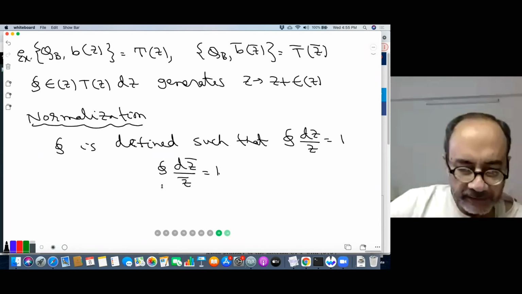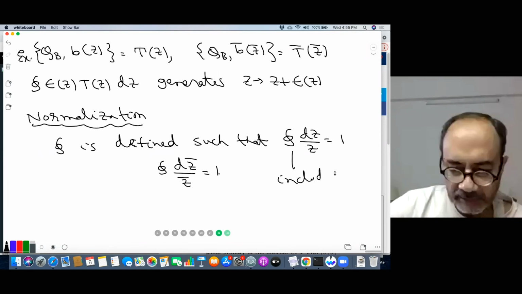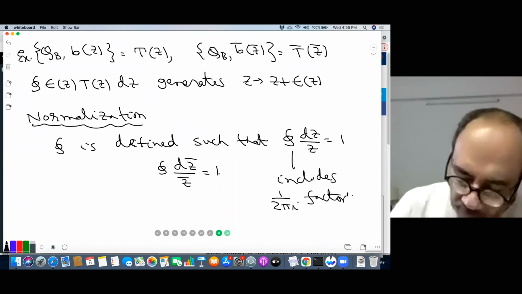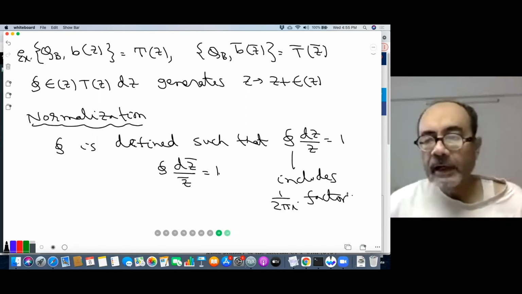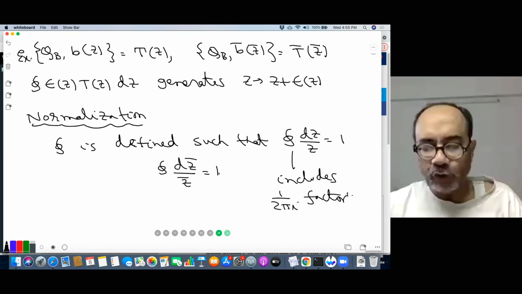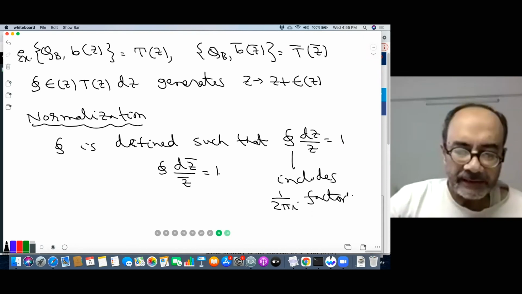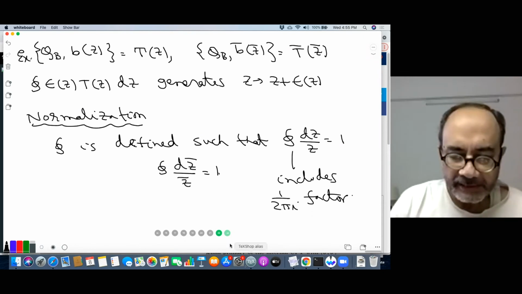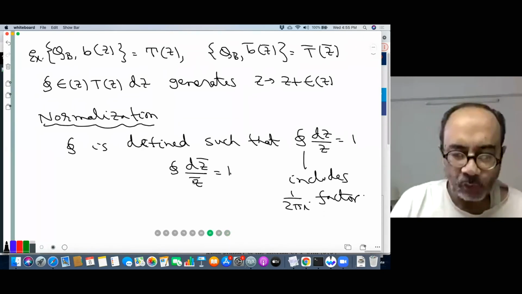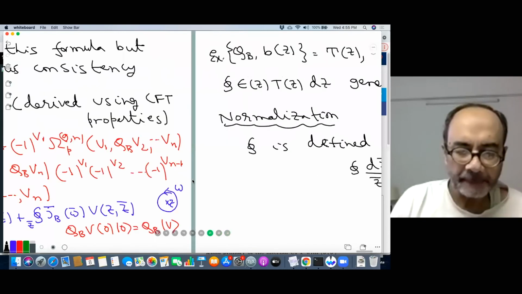That's the normalization, which means that this includes a 1 over 2 pi i factor. In the rest of today's lecture, I'll now show how we can use this identity to make some consistency checks.